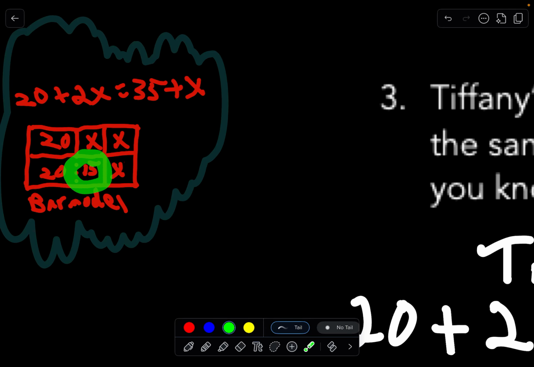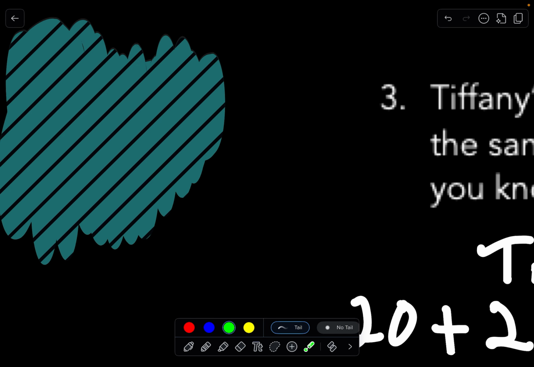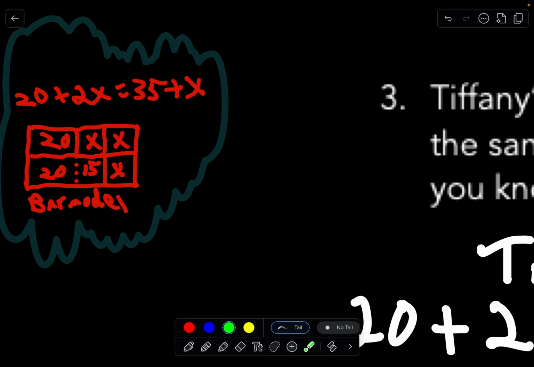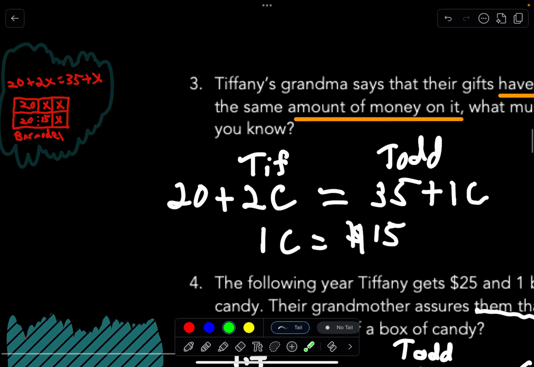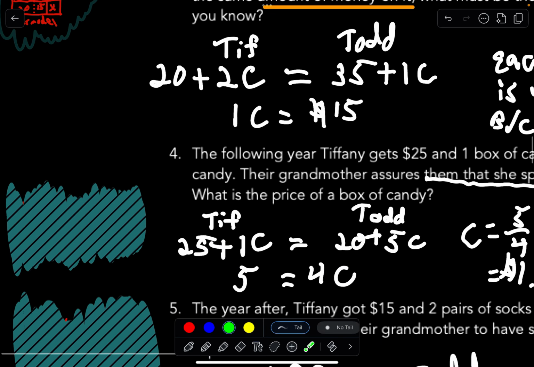And then a 15 and an X. So you see both those X's are taken care of. And what's left is X and 15, excuse me, that's a 15. So that's a visual way you could think about it. Use it if you like it. Personally, I'm not huge on it, but if it works for you, great. It's all about trying to solve.